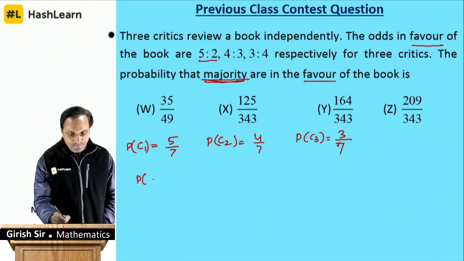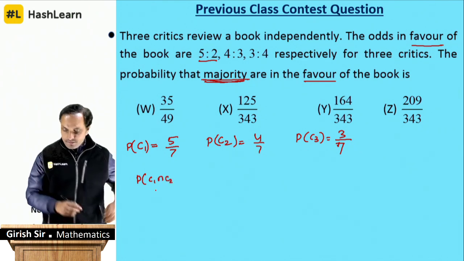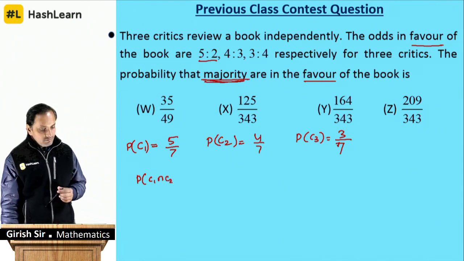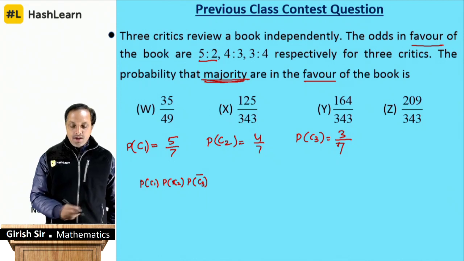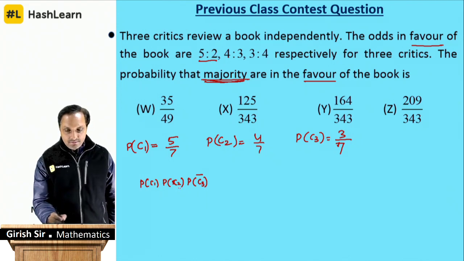So probability of C1, probability of C2, probability of C3 dash. These 2 are obeying, with favor, and C3 is not obeying.